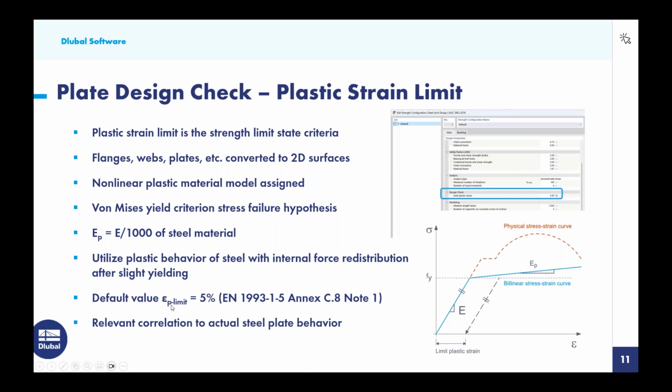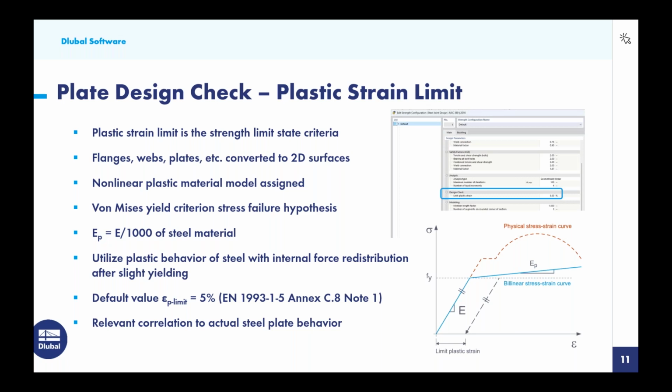Now the default here is set at 5% for that plastic strain limit. This comes directly from the Eurocode with the section listed here. When we reference the AISC, there is no specific reference to what the plastic strain limit should be set to when we are considering FEA modeling for connection design. So therefore, we do refer to the Eurocode, but this is fully adjustable in the program.